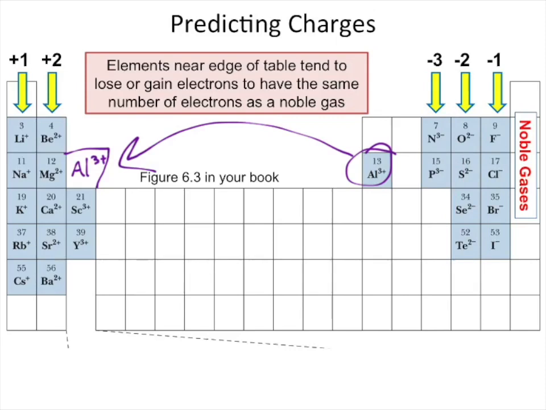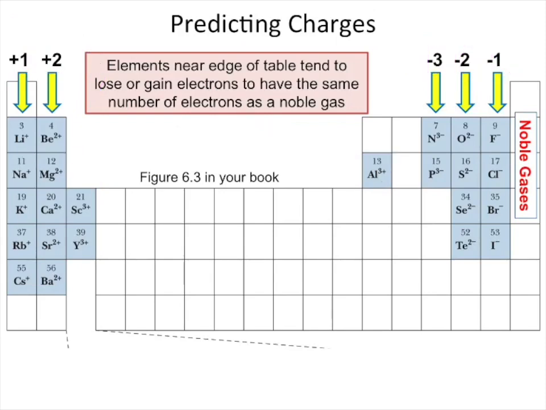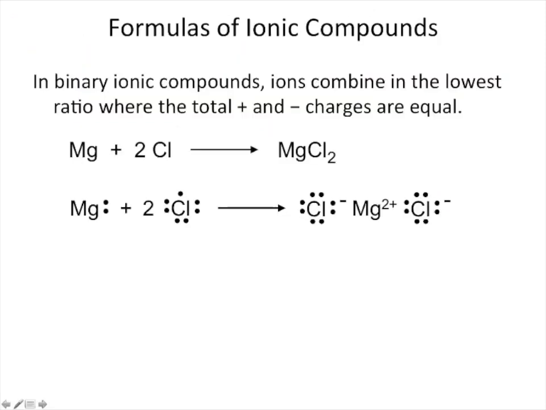So you can just look at the periodic table and say +1 and +2 from the left, and +3 here. And then from the right, -1, -2, -3. Easy. Just another thing you have to remember, but it's a really useful thing, because we need to know the predicted charges, which come from valence electrons, in order to figure out how to piece these compounds together.